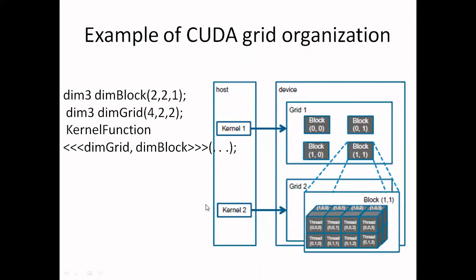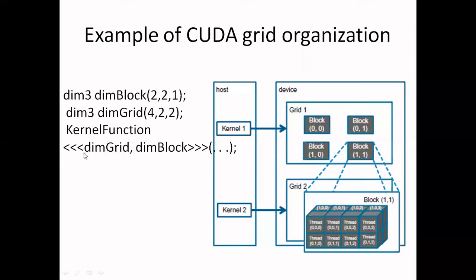So if you take an example where you are specifying the dim grid, okay, wait a minute. This will be dim grid because it is 2, 2, 1.